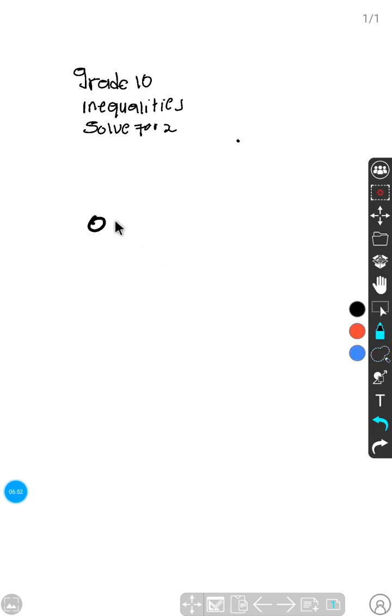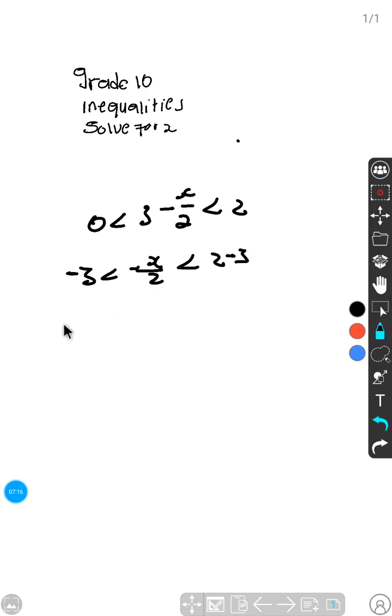Okay, so we have 0 is less than 3 minus x over 2. So we're going to first take the 3 both sides. Okay, so this is going to be a minus x over 2. This side we're going to have 2 minus 3, which we're going to have minus 3 is less than minus x over 2, which is less than minus 1. Then we multiply each term by the 2. We're trying to remove the denominator 2 here.